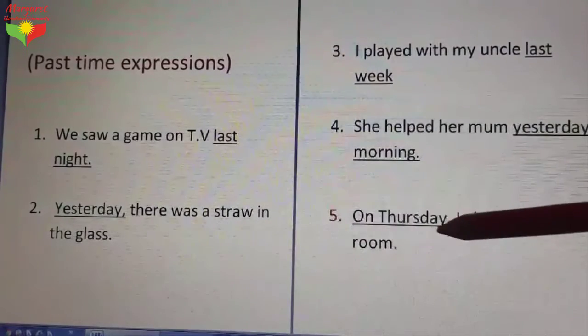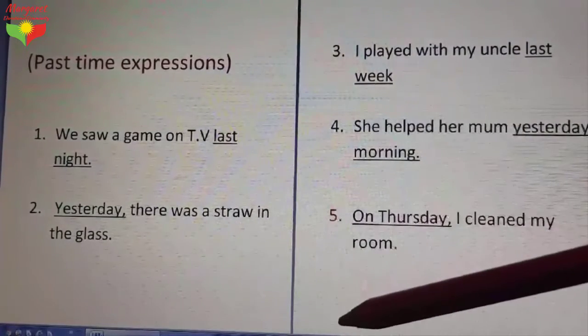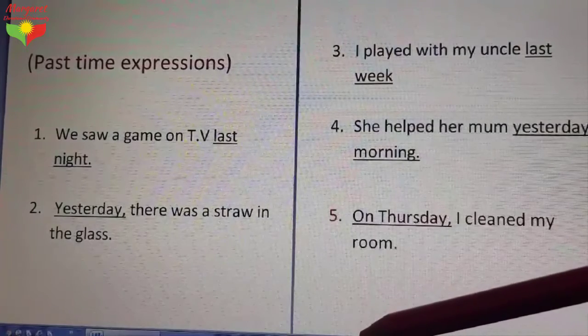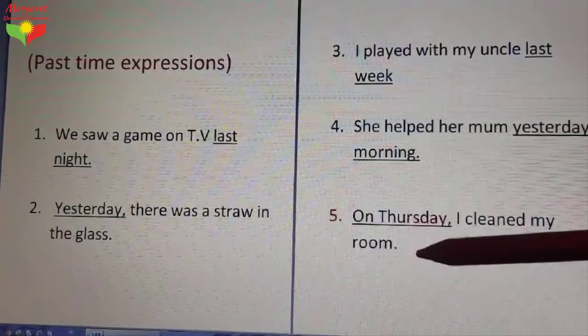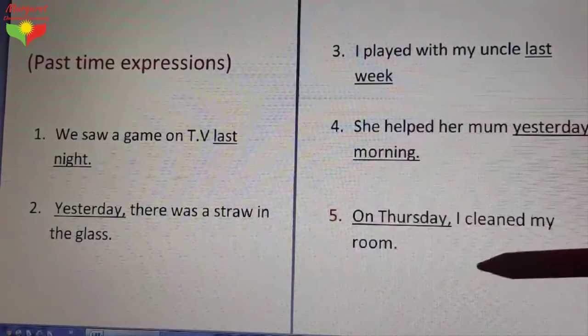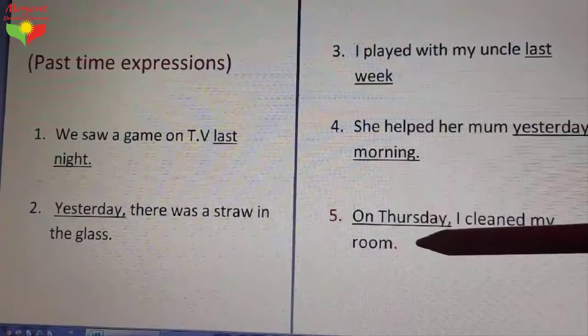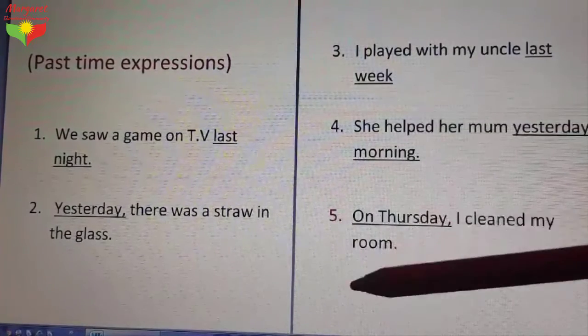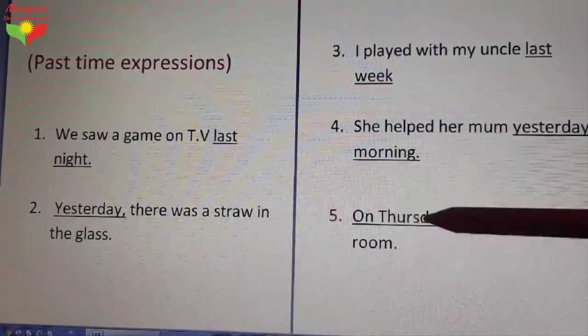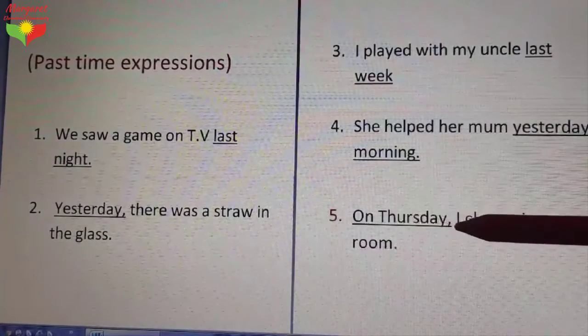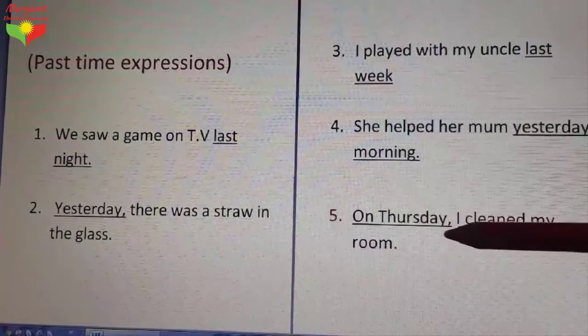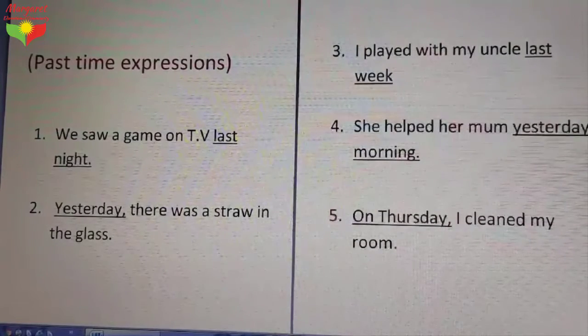So on Thursday, because we put it at the beginning, we should add this comma, right? On Thursday, I cleaned my room. But if you want to bring it to the end, at this time it doesn't need a comma. Okay? Let me read the sentences again for you.